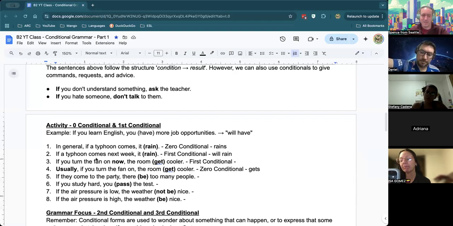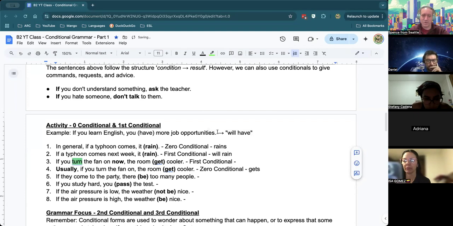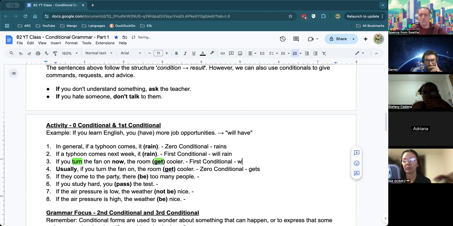We have the present tense here, turn, and then would it be "will get cooler" or "gets cooler"? In this case, it'll be will get cooler. And don't worry, we're going to keep working on these concepts.